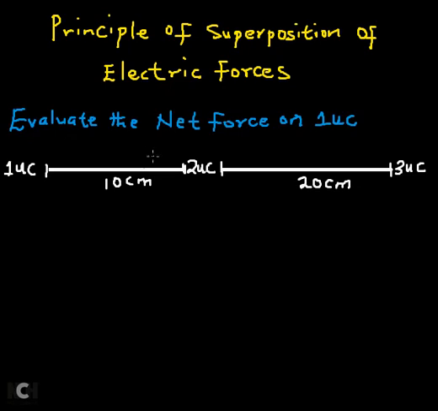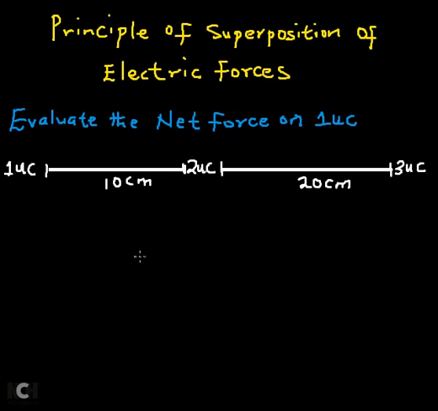Now, the principle states that when you have more than one electric force acting on a particular charge, the resultant electric force on that charge can be added vectorially, the same way you add vectors.